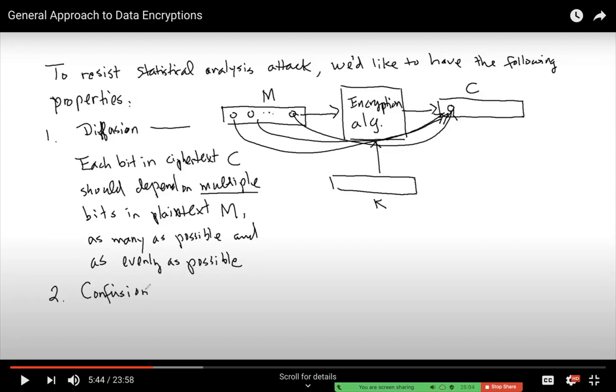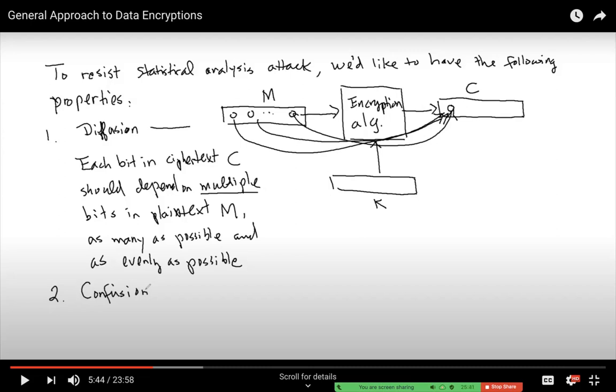Okay, so first off, we're assuming we're doing this bitwise and not alphanumeric, right? It's bitwise, they are only binary bits, yeah. Let's say you have 10 bits in M. Then my ciphertext also has 10 bits.